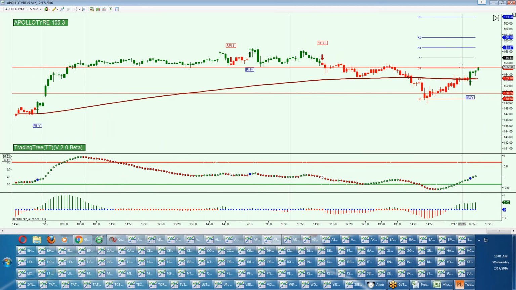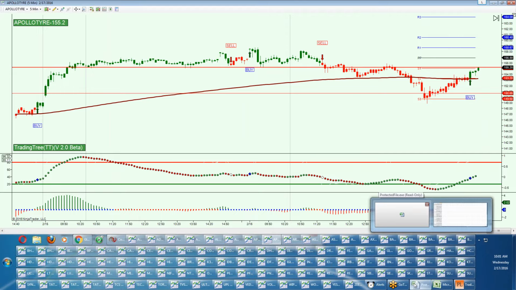So we're talking about Apollo Tire. So you can just see that here. You can still hold on to Apollo Tire.